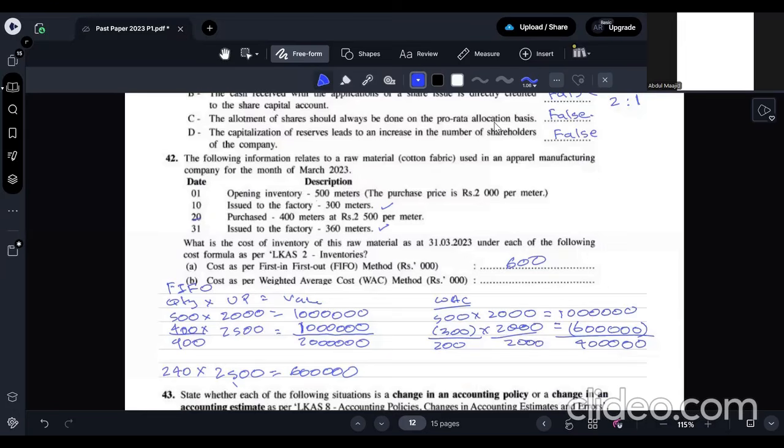And then purchase 400 meters into 2500, that will give you 1 million. Now you have 1,400,000 worth of inventory.